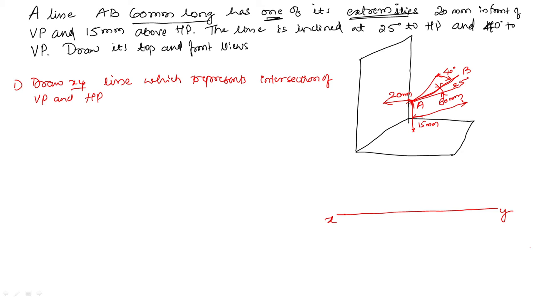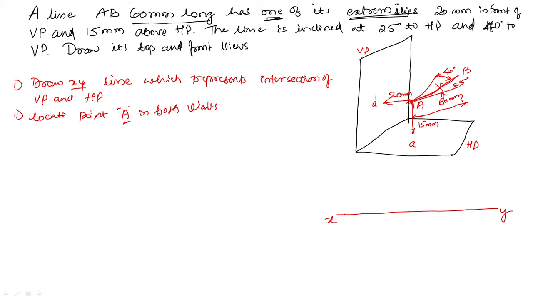Now, what is the second step? Locate point A in both the views, because they have given the position of point A with respect to the vertical plane as well as the horizontal plane. This is the vertical plane, this is the horizontal plane. So you are going to get A here, and A dash.